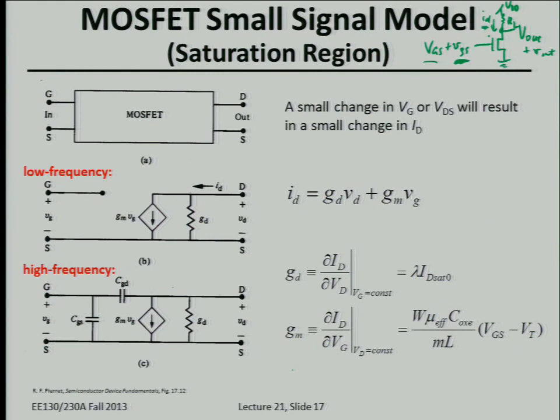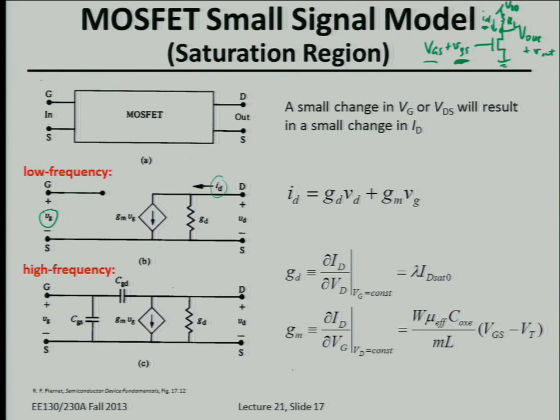So the small signal model simply tells you what change in the drain current you are going to see for a given change in the gate voltage. Okay, that's why it's called small signal. It's only for small changes. So just keep in mind that little i, little d means a change in drain current. Little v, little g means a change in the gate voltage. Okay, so the simplest small signal model is just shown here on the left in the middle.